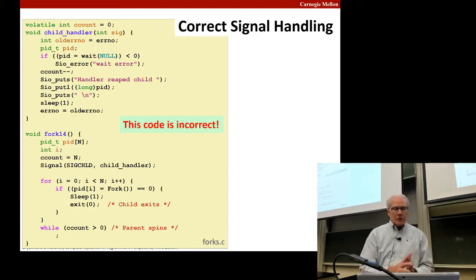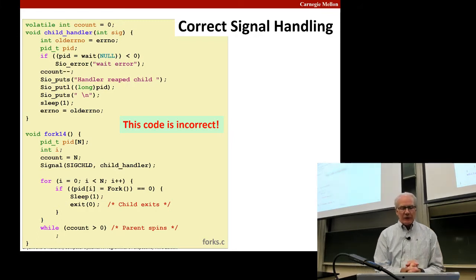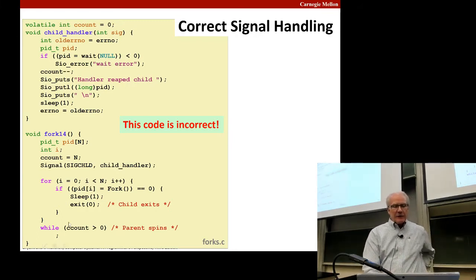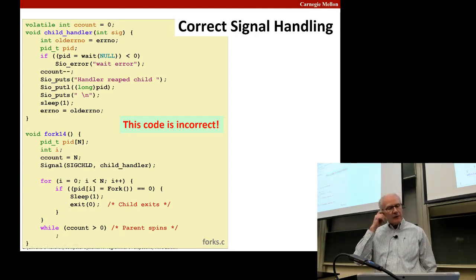Okay. Now, here's another annoying feature about signals that's demonstrated by this example. The idea of this example is I've got a loop that's going to fork off n children, and each child is just going to sleep for a second and then exit.